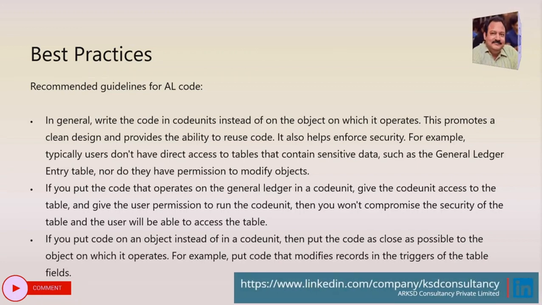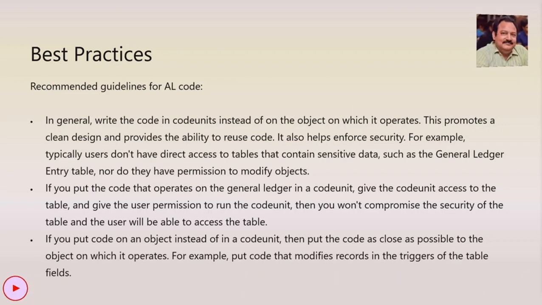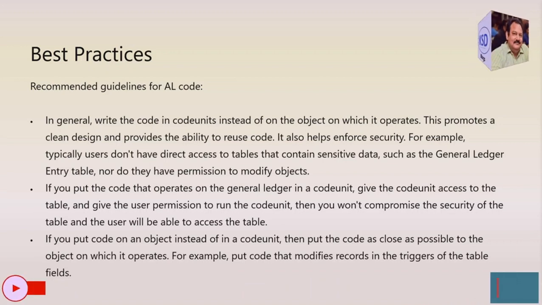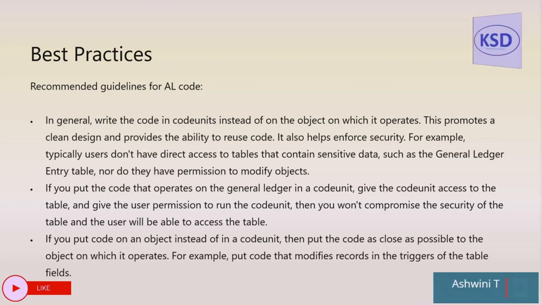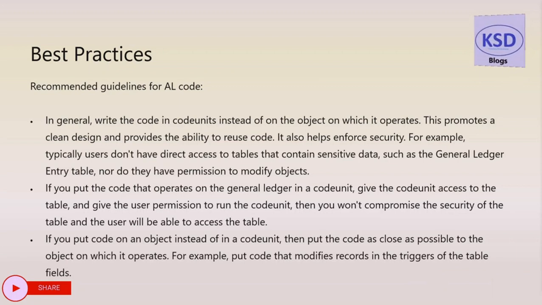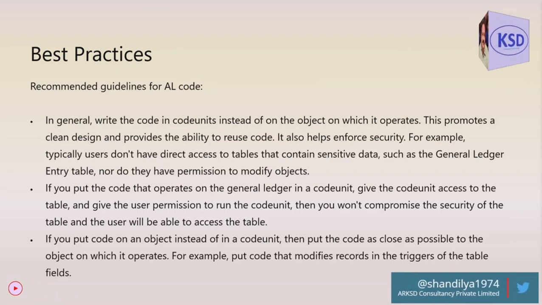If you put your code on an object instead of a code unit, sometimes it happens that there is a limitation due to which we have to write the code in the object itself. In that case, it will be better to put the code as close as possible to the object on which it operates.